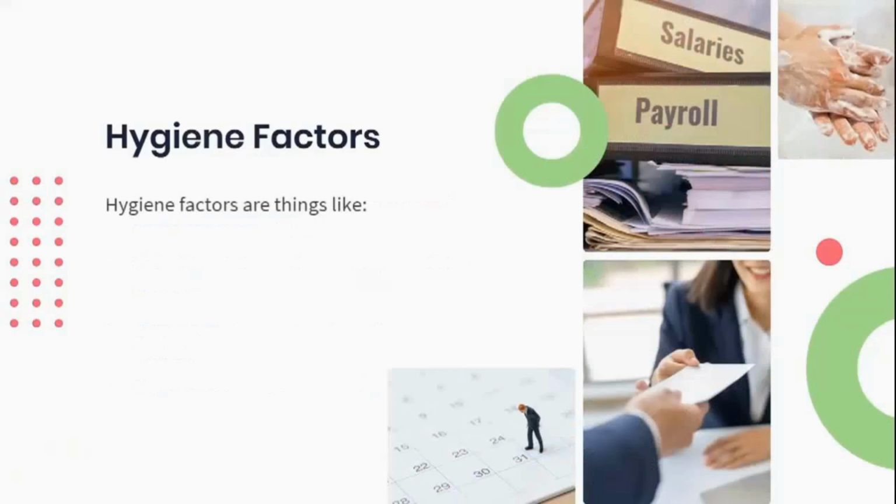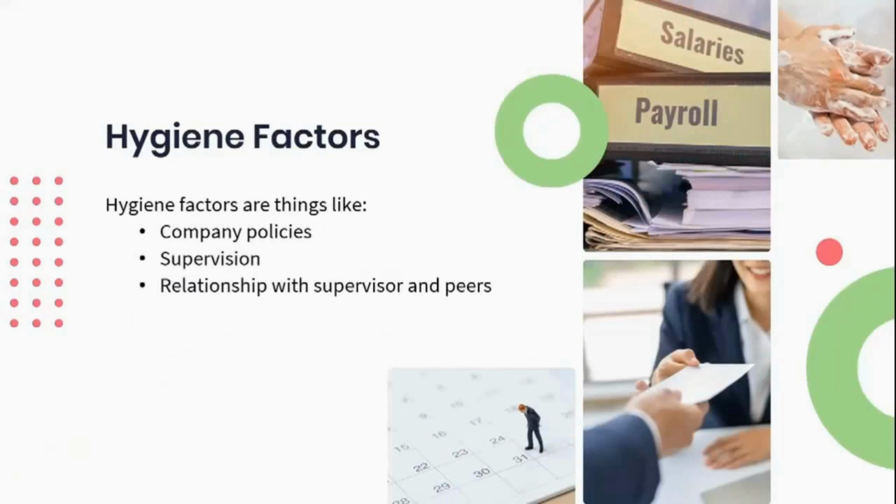Herzberg said hygiene factors are things like company policies, adequate levels of supervision, a decent relationship with your supervisor and peers, standard working conditions that are acceptable to the employee, a reasonable salary, reasonable levels of status, and job security. The idea here is that you have to satisfy the hygiene factors in order to create a base level of satisfaction. But if you really want to get an employee motivated to do a good job, then you need to look at the motivation factors.